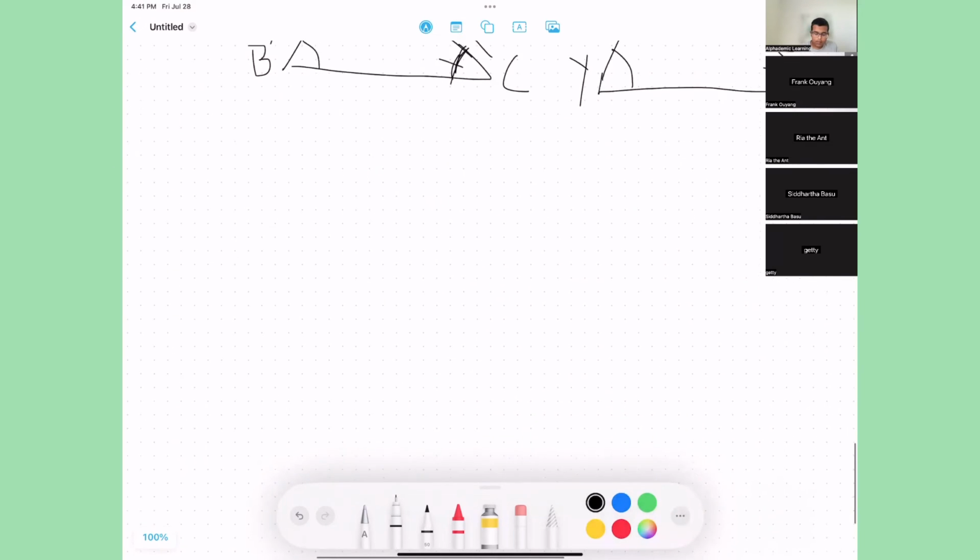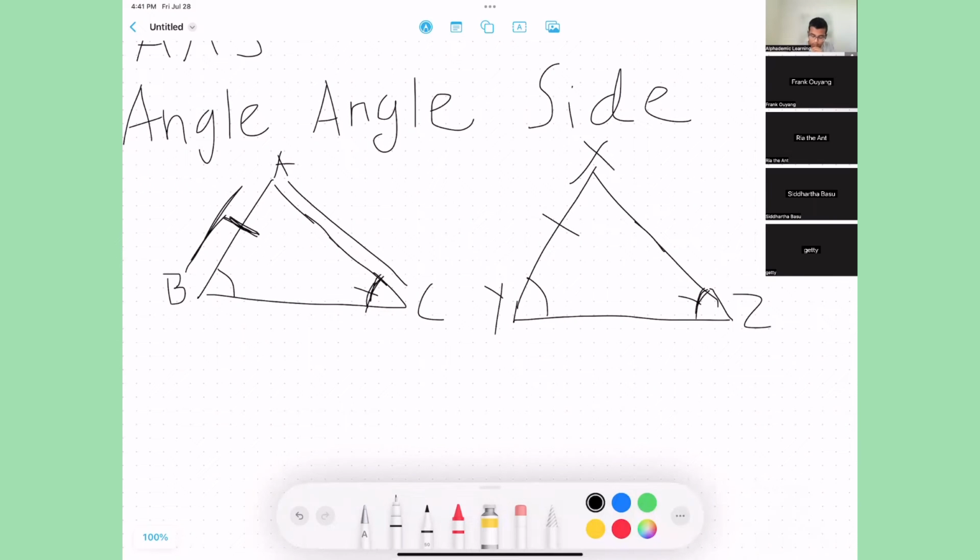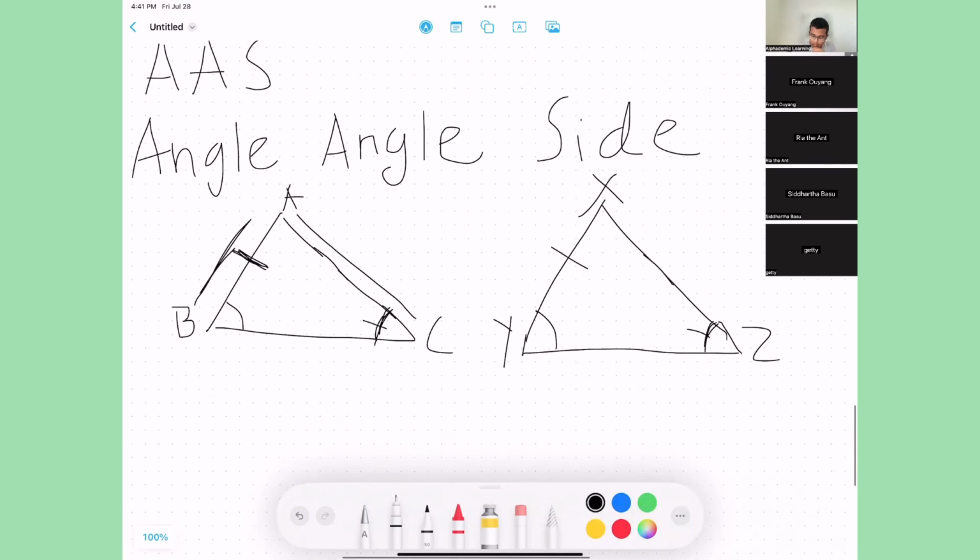Okay, if that makes sense, just remember that the side has to be opposite to one of the corresponding equal angles. Say in this example, if I said that line BC is congruent to line YZ, that wouldn't work, because it's not opposite to an angle that we know to be equal.